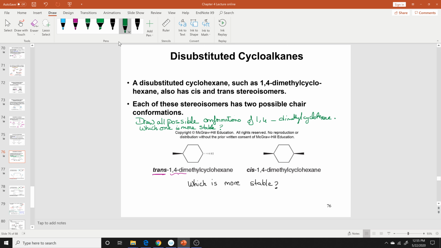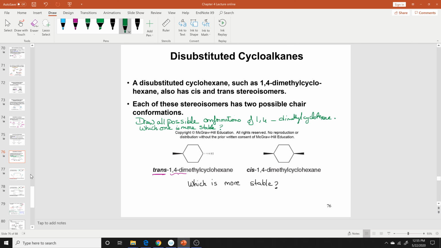So you cannot have a trans conformer and rotate it and get a cis conformer. This is not right and not acceptable. So we're going to consider both types of stereoisomers, start with either one of them, draw its chair conformation, then rotate and see if it is stable or not, and then go to the second one.